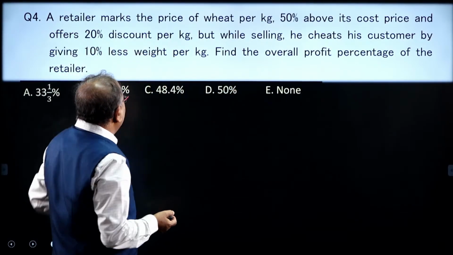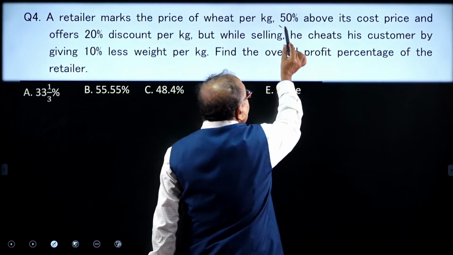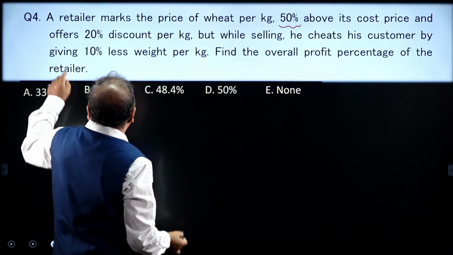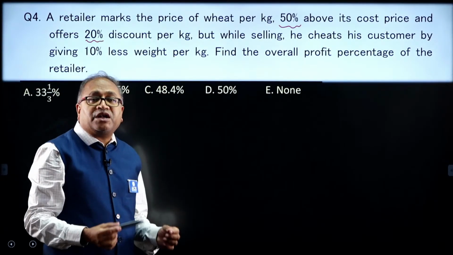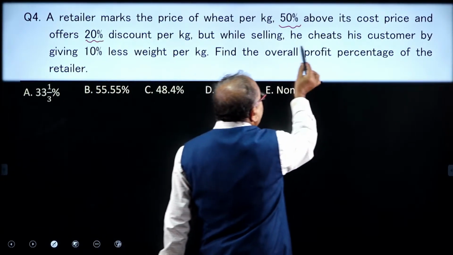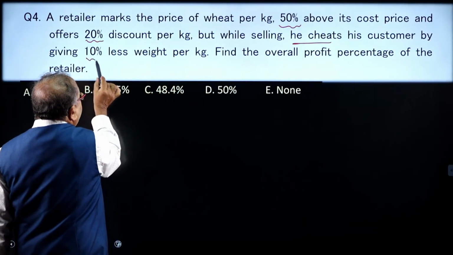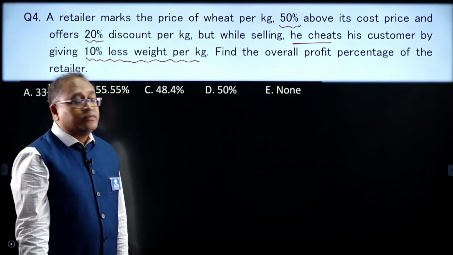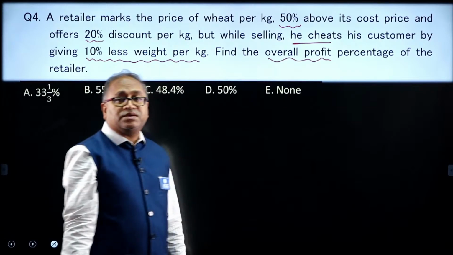A retailer marked the wheat 50% above the cost price and offered a 20% discount, but while selling he cheats the customer by giving 10% less weight. Now, find his overall profit percentage.